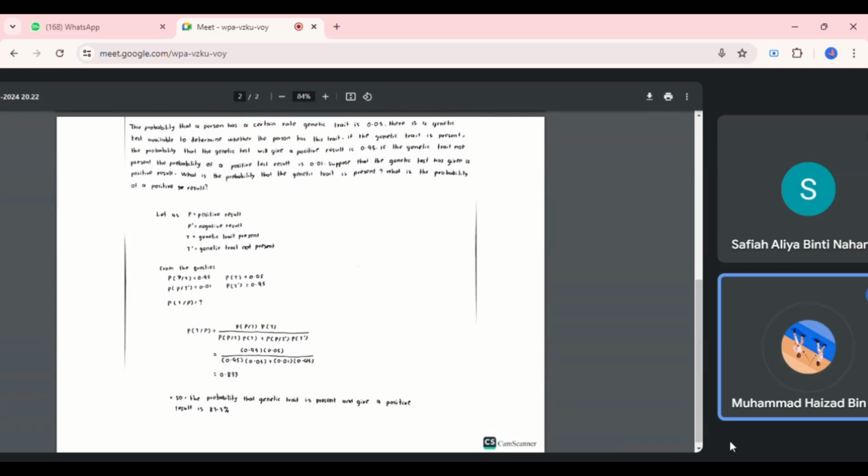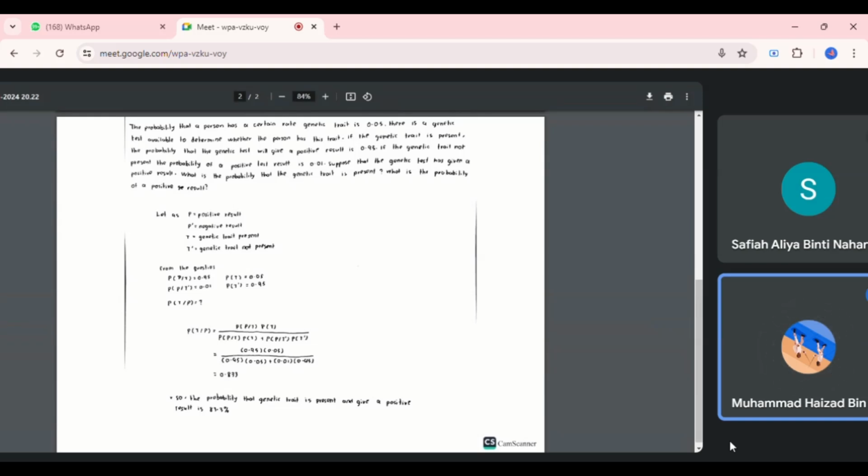We are given 0.95 as the probability of a positive result given the genetic trait is present. Then 0.01 is the probability of a positive result given the genetic trait is not present. And lastly, the probability for T is 0.05 for the genetic trait present.